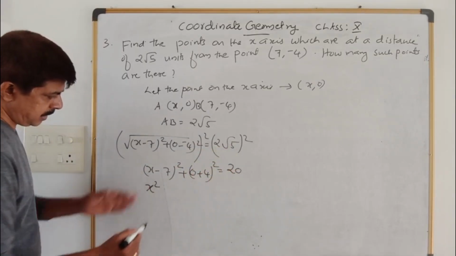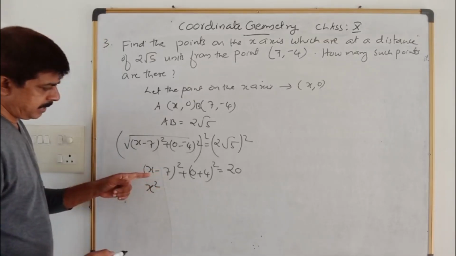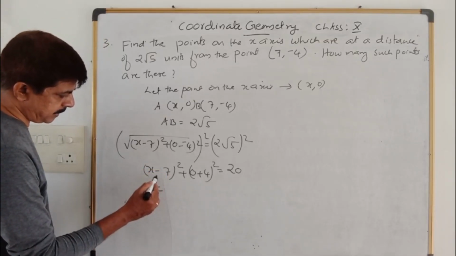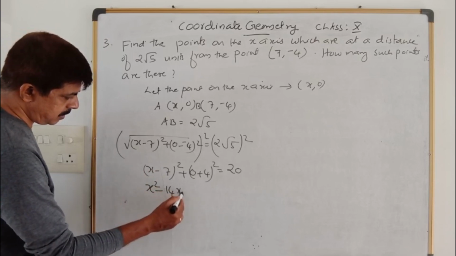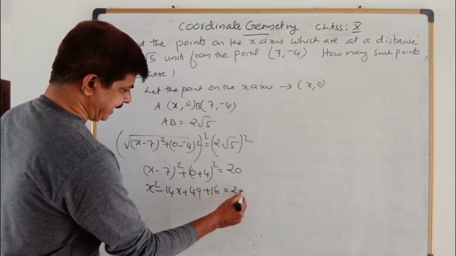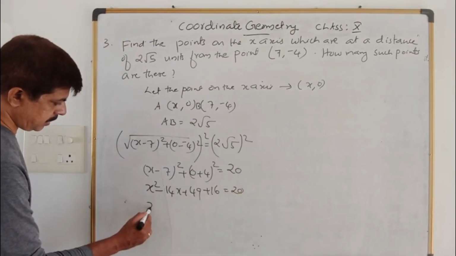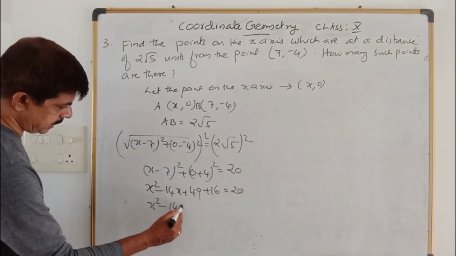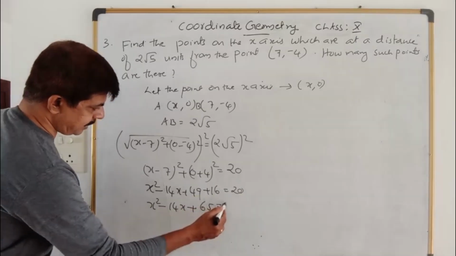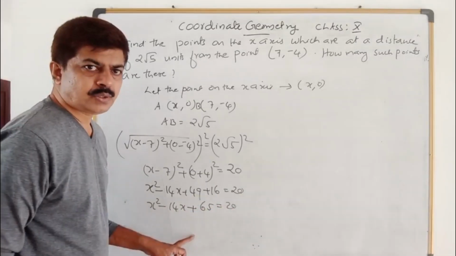Now this is a binomial square, so we open it by the (a minus b) whole square method: x square minus 14x plus 49 plus 16 is equal to 20. So x square minus 14x plus 65 is equal to 20.